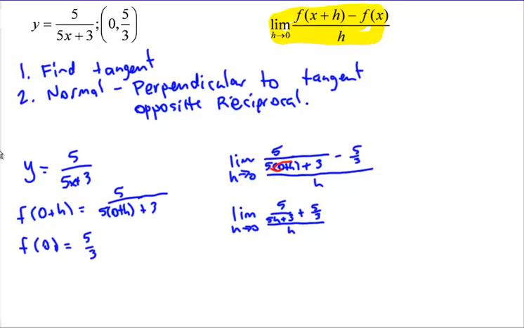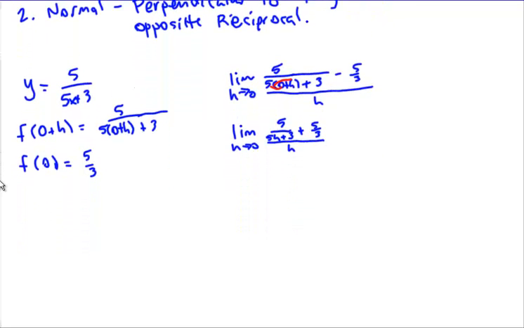What we'll want to do is get a common denominator now. So I'm going to multiply this guy by 5h plus 3, top and bottom.